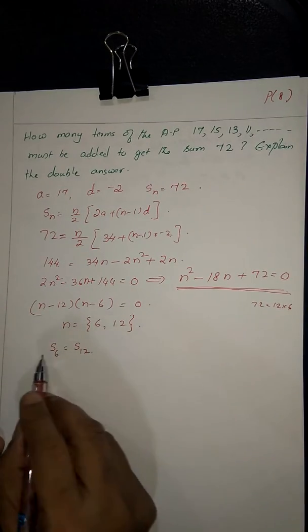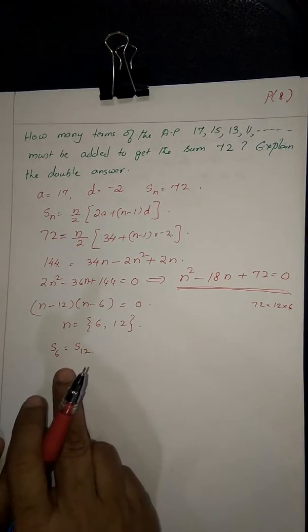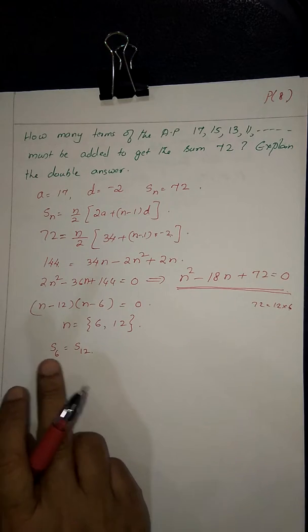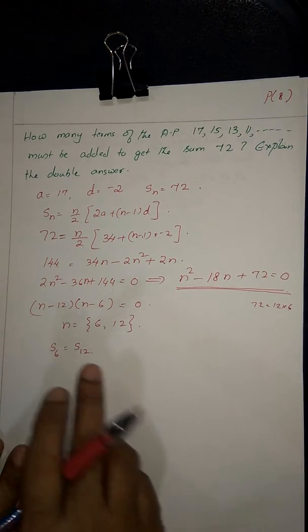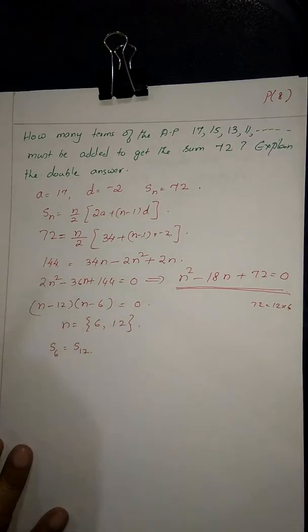This can be possible only when the sum of the numbers from 7th to 12th is 0.